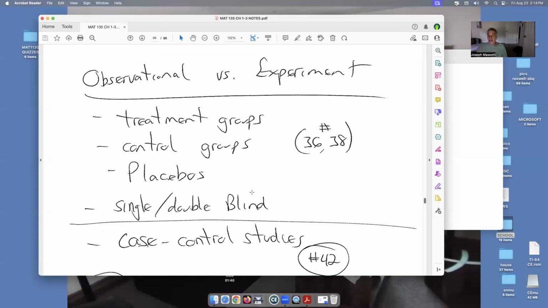In a single blind, the experimenters know who has gotten the treatment and who hasn't. In a double blind study, neither the participants nor the experimenters know which is the treatment group and which is the control group until, obviously, after the results are in, when they go back and see which was which.